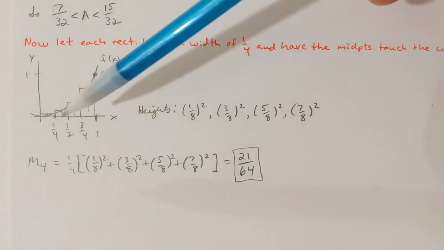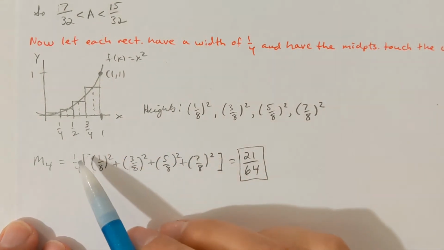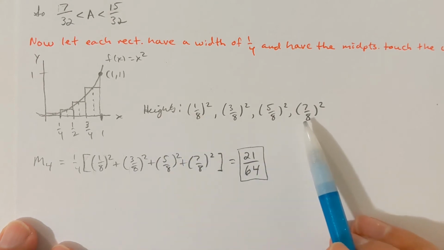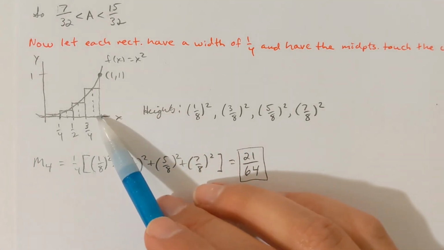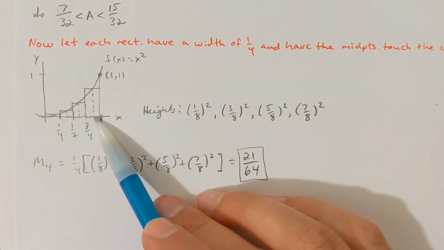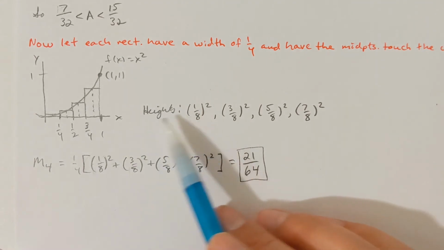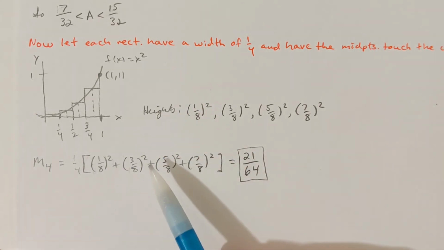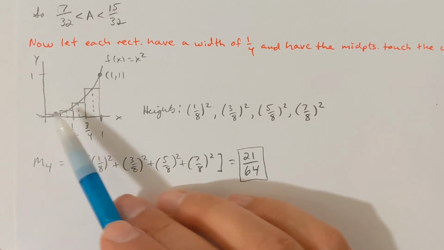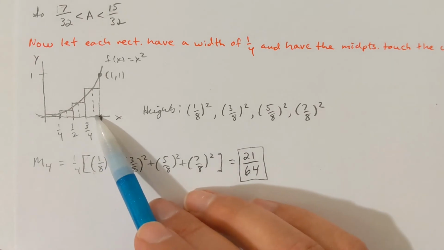Well, the area of each rectangle would be length times width. The width is 1/4, and the height would be whatever the y value is here from the midpoint that was selected. Okay, f of x and y are the same thing, so I would just plug in the x value to get me that height. The first midpoint is 1/8, the next one would be 3/8, next one would be 5/8, next one would be 7/8.